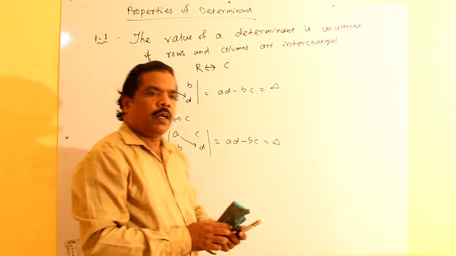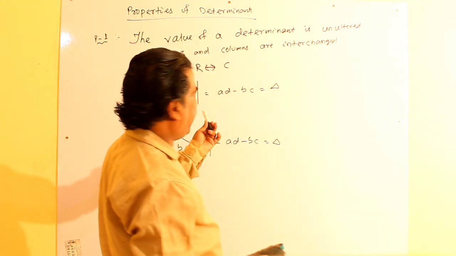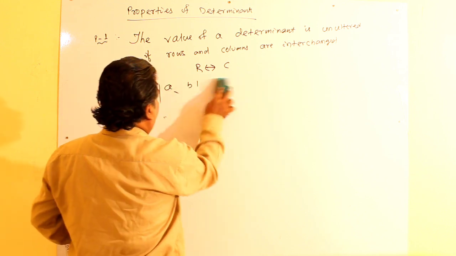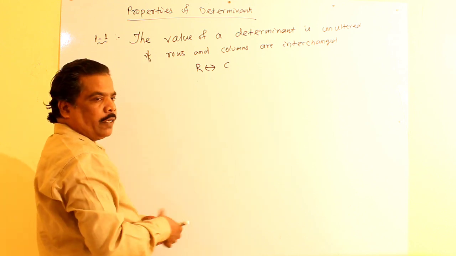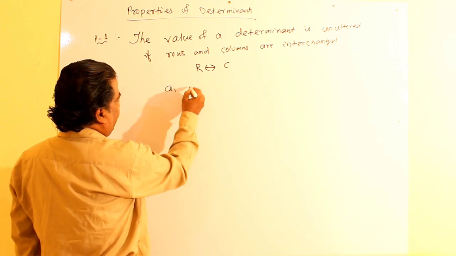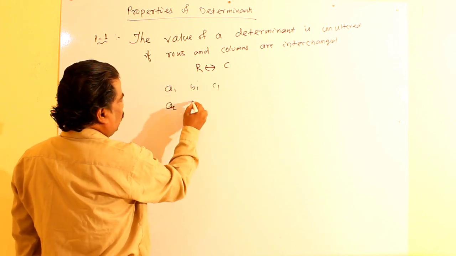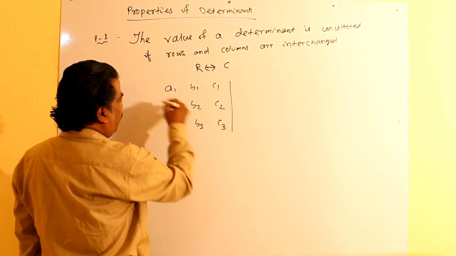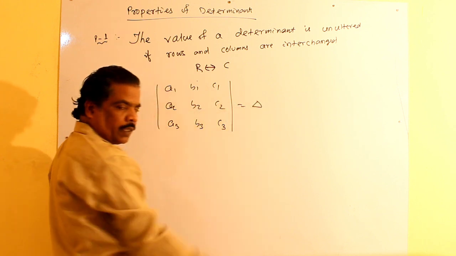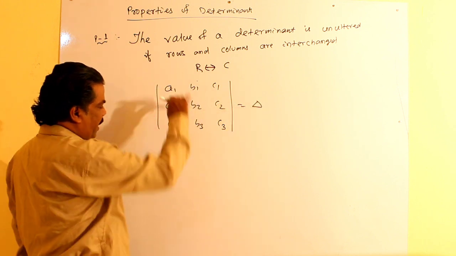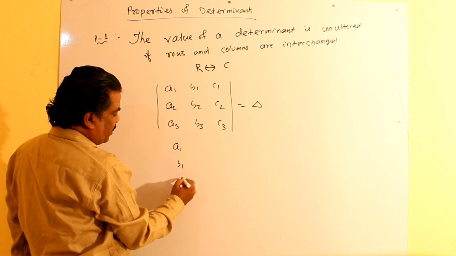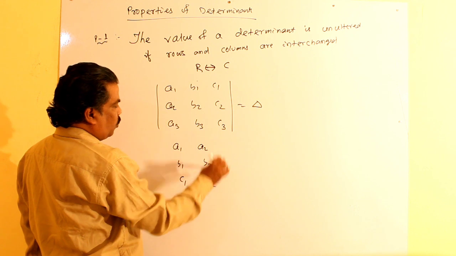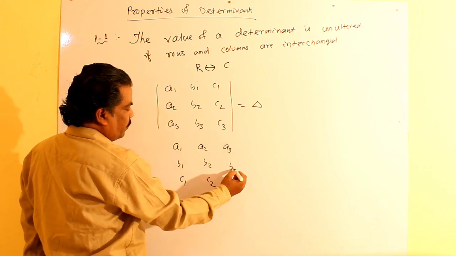So we know that in a determinant, whether it is a second order or a third order, in case of third order determinant, suppose a determinant is A1, B1, C1, A2, B2, C2, A3, B3, C3. Suppose the value of determinant is delta. If you write row 1 as column 1, A1, B1, C1, row 2 as column 2, A2, B2, C2, row 3 as column 3.